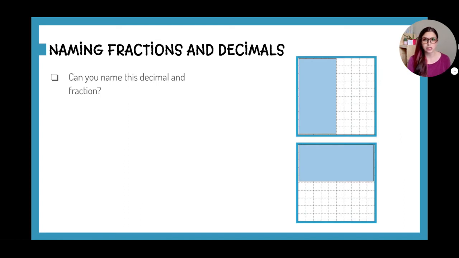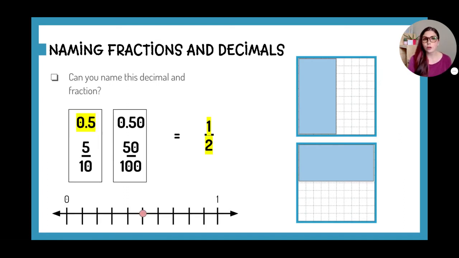What about these fractions and decimals? Can you name these? Notice that the blue covers half of the square. And any way I put it, vertically or horizontally, it's covering half of the square. So this fraction would actually be 1/2. I colored half of my square.